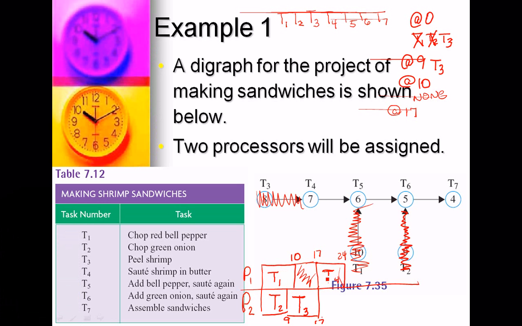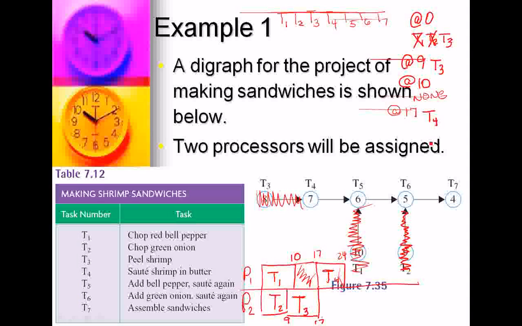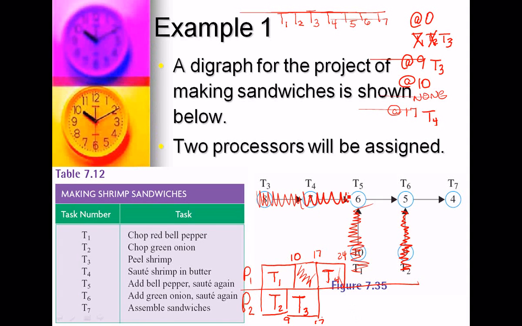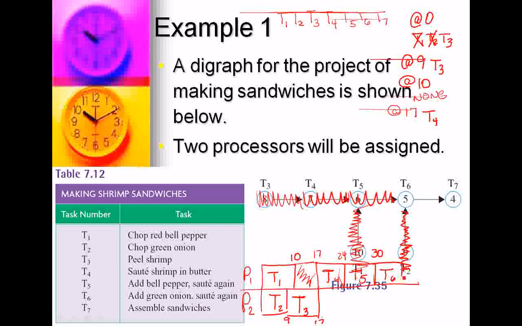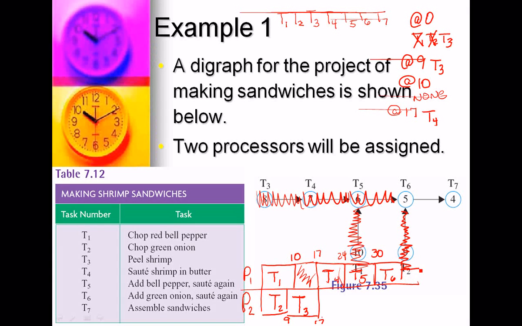Okay, that's the only thing that can be done at 17, is T4. So at 24, T5 can be scheduled. Takes us out to 30. T6 can be scheduled next. Takes us out to 35. And then T7 takes us out to 39.